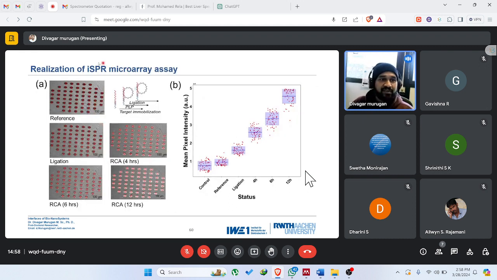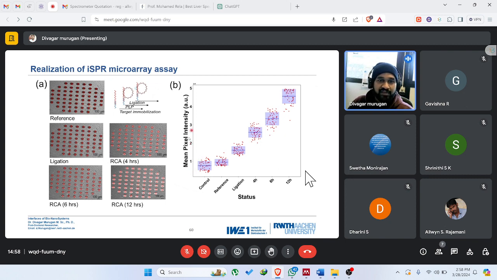And here you can see these are the wells which are imaged on this kind of a setup that I have shown you. And this is the amplification that is done on each of these wells. You can see that it is darker when it starts, and once the amplification is done and you have created a refractive index change, it transitions from a darker region to a brighter region.